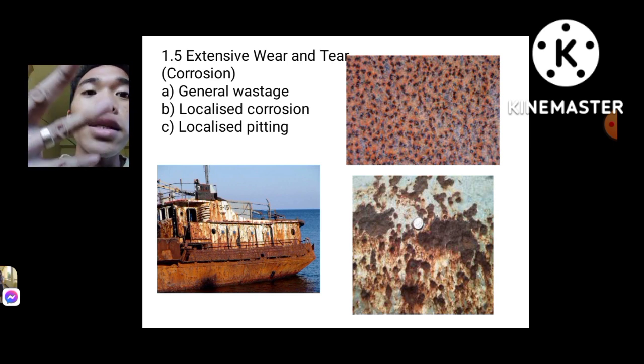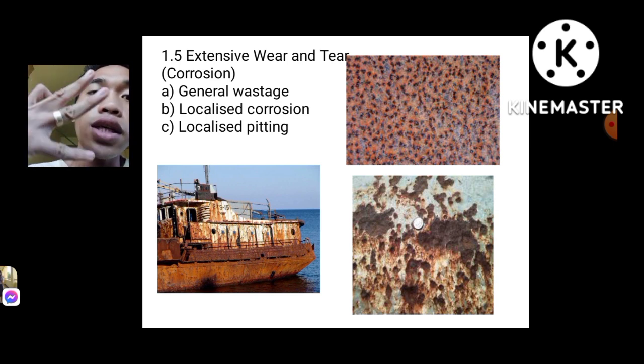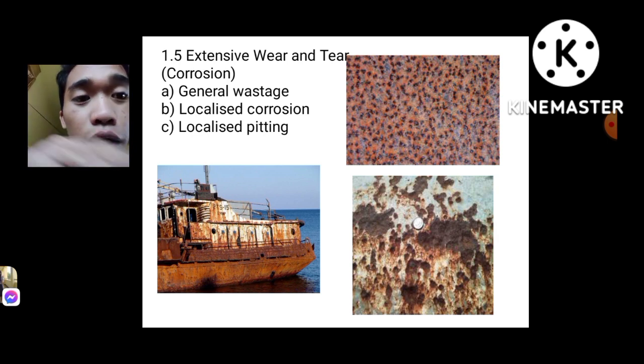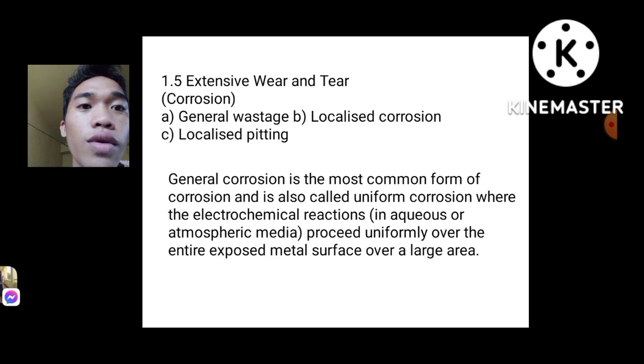We have three: the general wasting, the second is localized corrosion, and the third is localized pitting. So we have pictures. The picture of general wasting is this ship, the large part at the side of the ship.